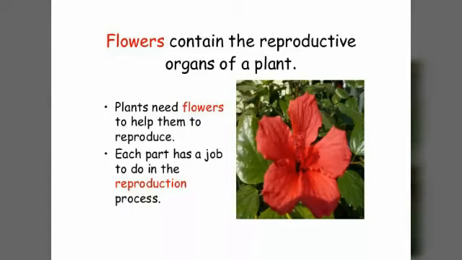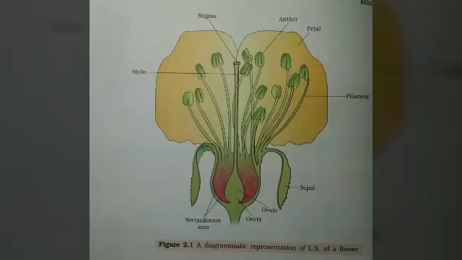So let's understand properly. The flower contains the reproductive organs of a plant, and plants need to reproduce. This is the diagram in your book. You should practice this diagram properly. So there are four parts: the sepal, petal, stamen and pistil.